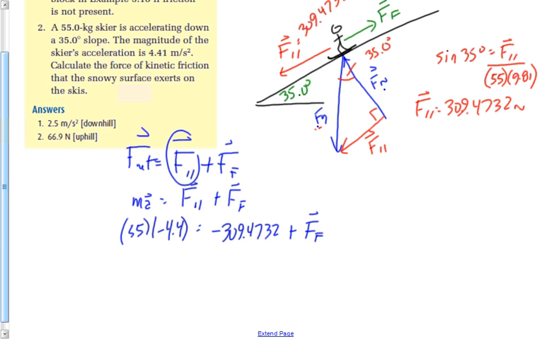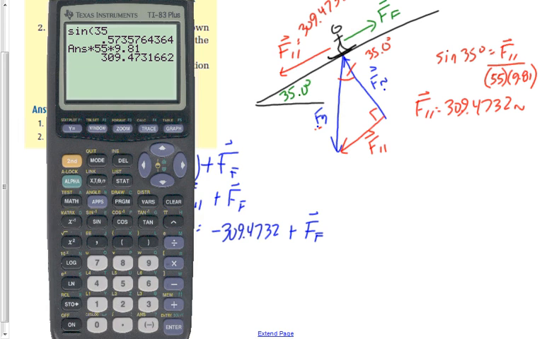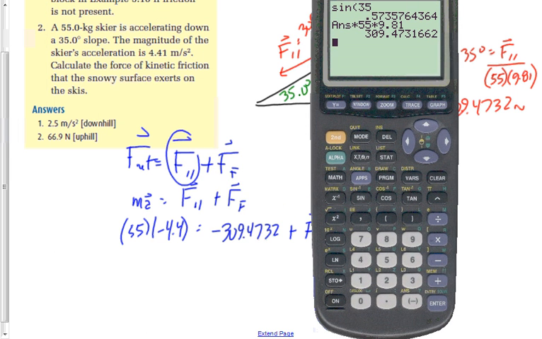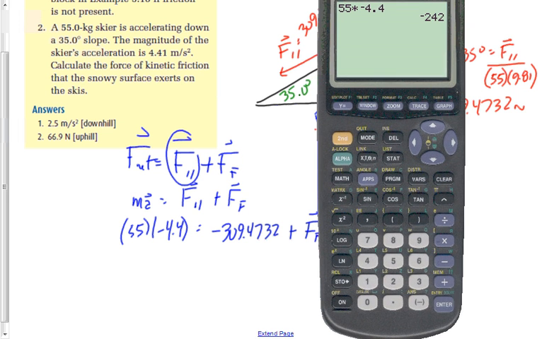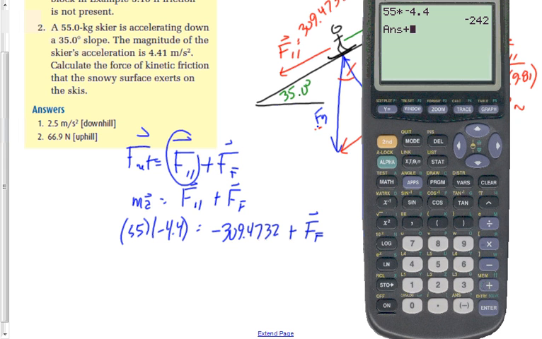All right, let's figure out what this is now. Let's say 55 times negative 4.4, negative 242. Let's add the 309 to it. Take the 309 to the left side by adding because it's subtracted on the right side. That gives me FF is positive 67.5 newtons.